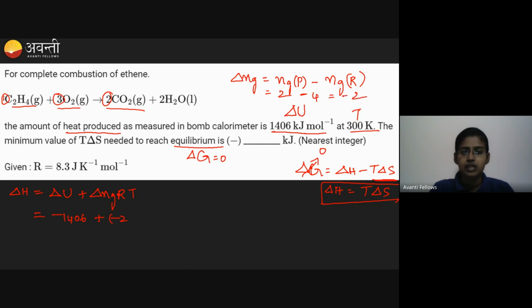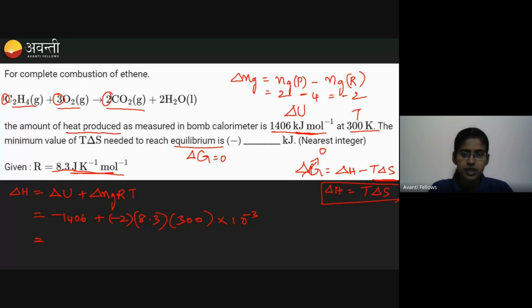So substitute minus 2 here, the R value is given as 8.3, and temperature is given as 300 Kelvin in the question. If you substitute all these things, we also have to be careful about the units. R is given in joule per Kelvin, and here delta U is given in kilojoule per mole. So you have to multiply this R by 10 power minus 3 to get the answer in kilojoule. You have to divide by 1000 actually, and when it goes to the numerator, it becomes 10 power minus 3.